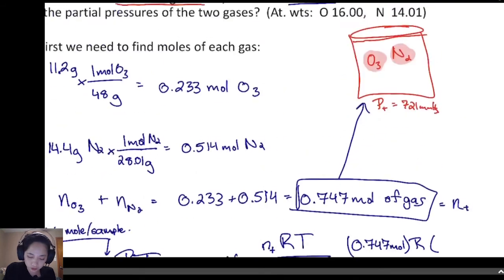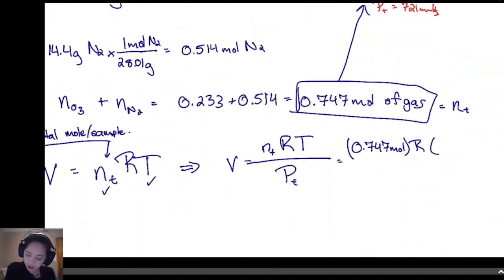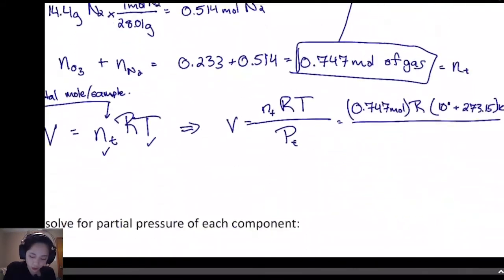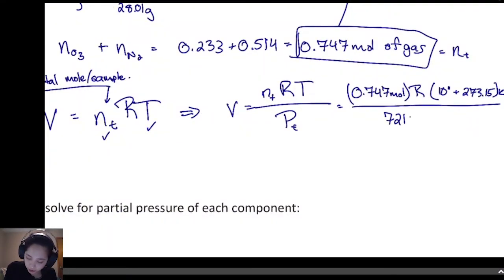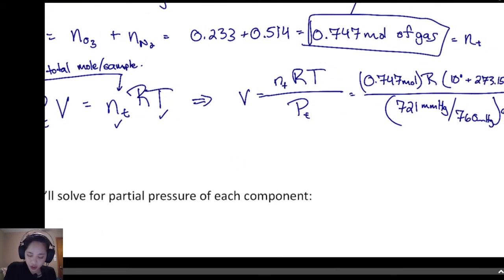Temperature is 10 degrees Celsius, so 10 plus 273.15 Kelvin over pressure total, which is 721 millimeters of mercury, but we need that to be in atm, so divide by 760 millimeters of mercury. That will give us atm. So if you stick that into your calculator, you should get that the volume equals 18.3 liters.